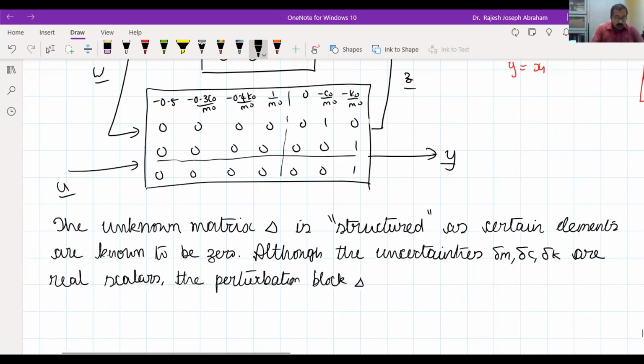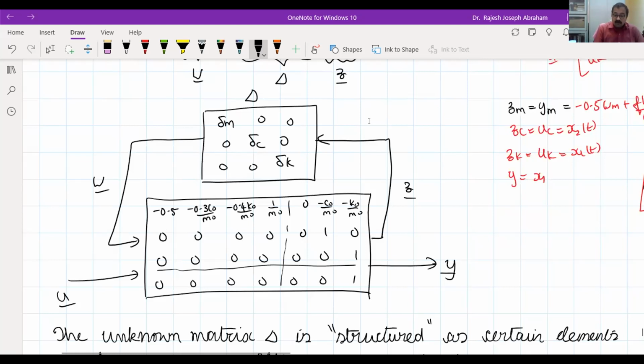Okay, so you see in the perturbation block delta, delta M, delta C, delta K are individually real scalars. Delta M was the variation in the mass. Delta C was the variation in the parameter C, which corresponds to the damper. Delta K is the variation in the spring constant. Okay, so individually they are real scalars, but when you bring it in the block form, you have a block structure, which is structured uncertainty, right?